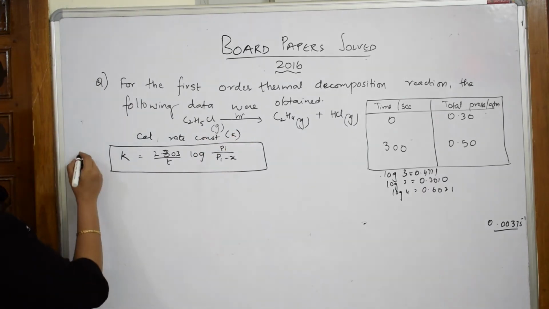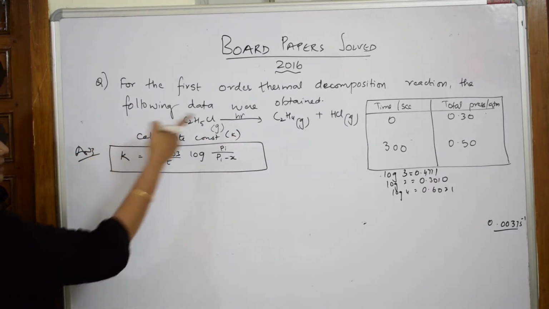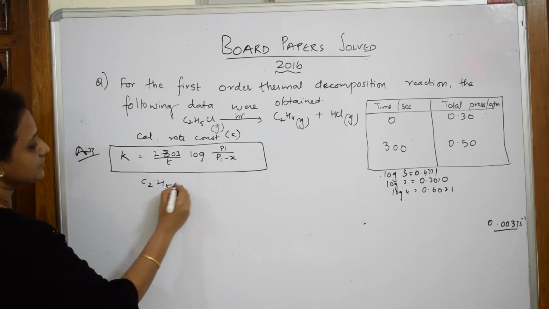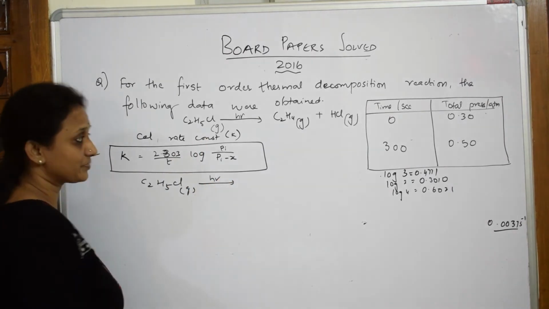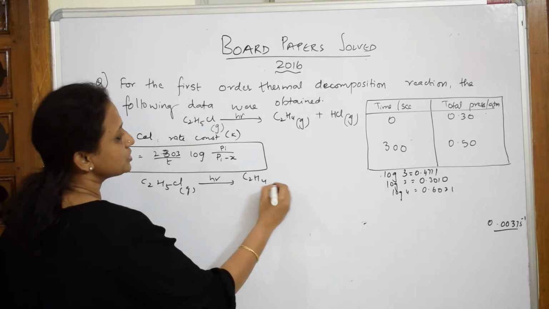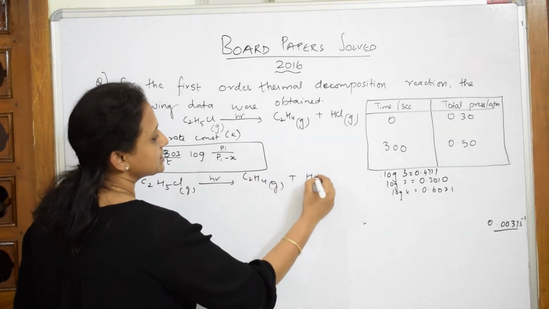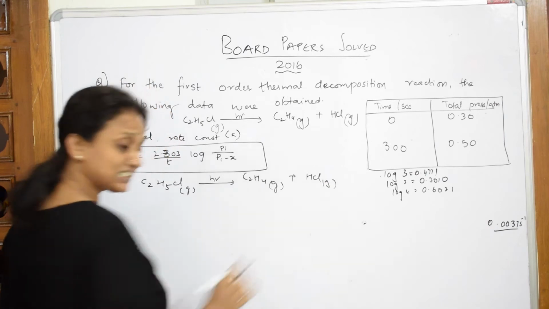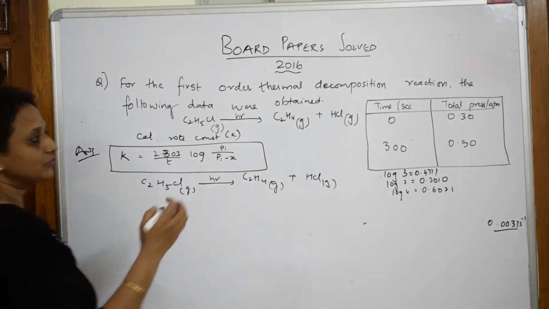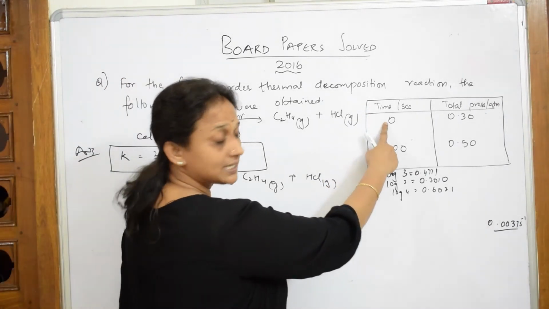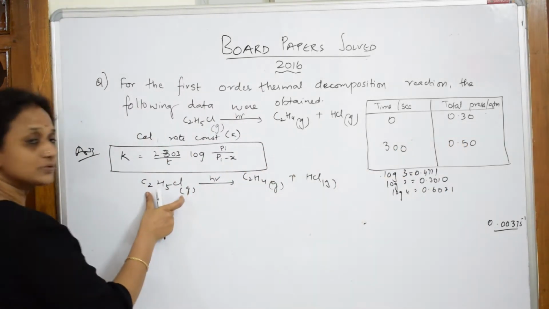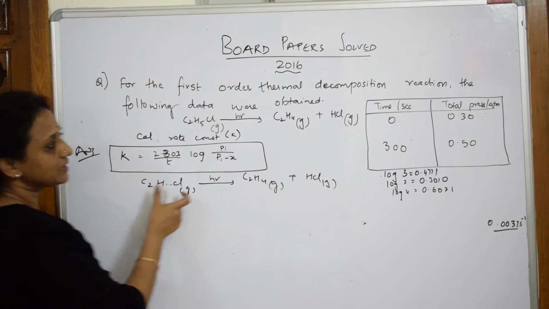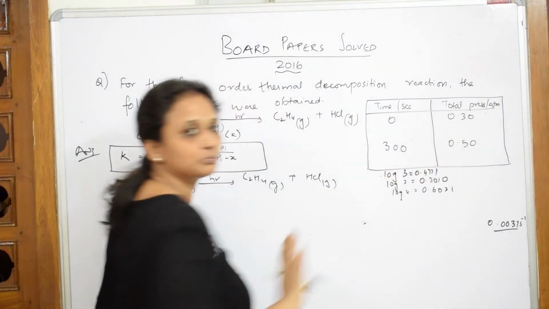Now, as soon as you write the reaction, start your answer. C2H5Cl in the gaseous state, in the presence of h nu, sunlight, is going to give you C2H4 plus HCl gas. Initially, when the time was 0 seconds, the pressure exerted by this particular one was 0.30 atmospheres.